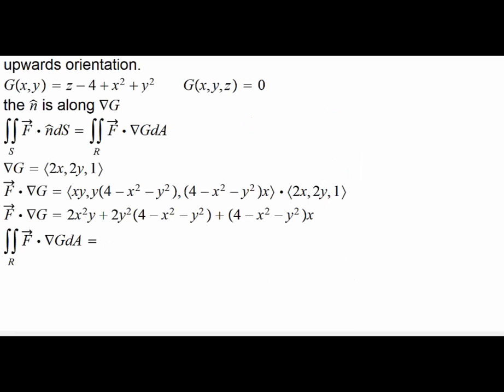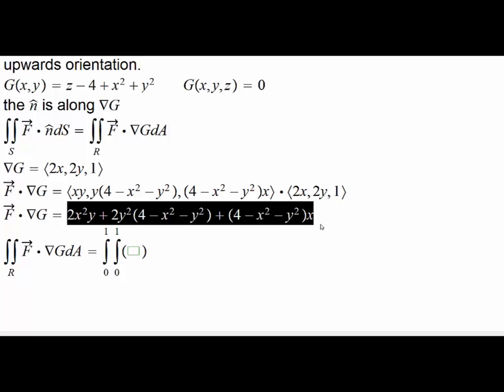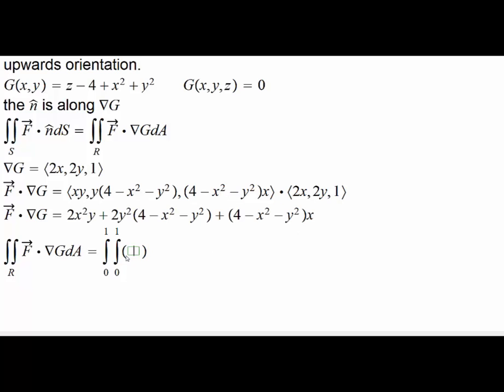So our integration is going to be the integral from 0 to 1, and both the limits for x and y are going to be 0 to 1, and then we have this expression here. It doesn't really matter what our order of integration is in this particular case.